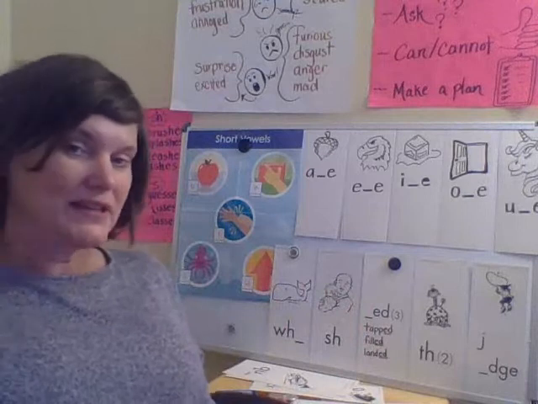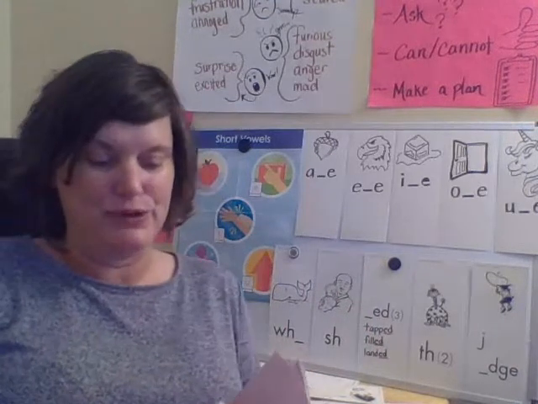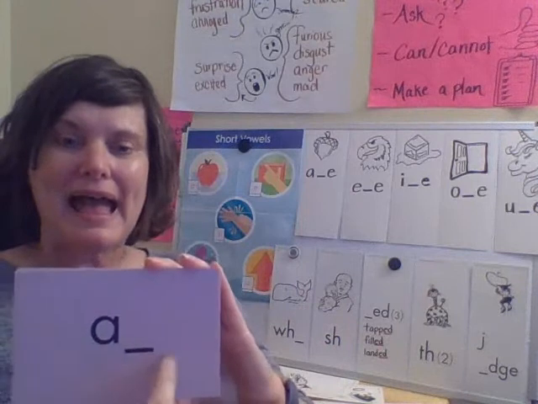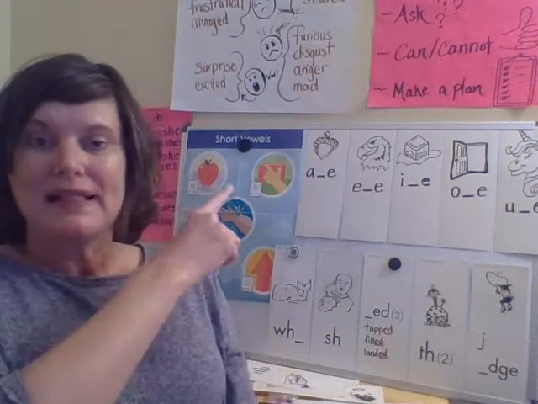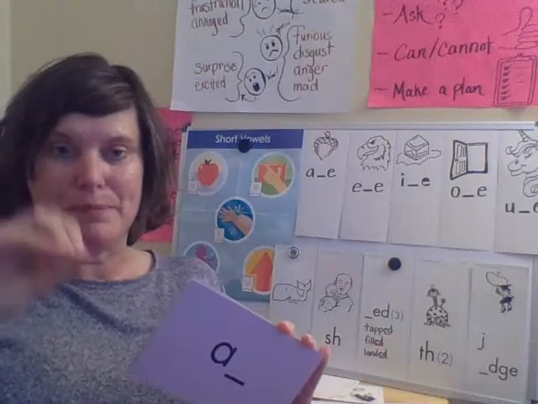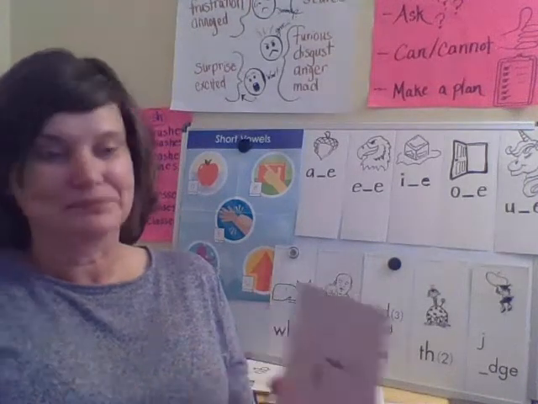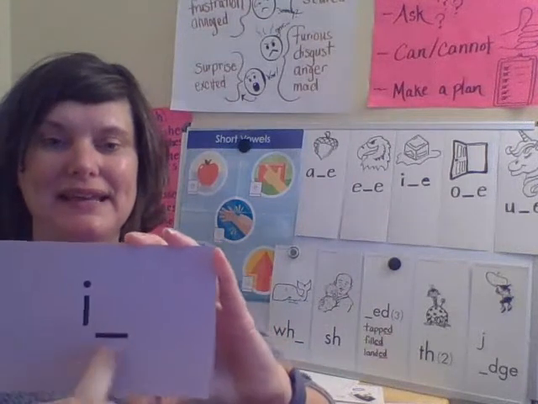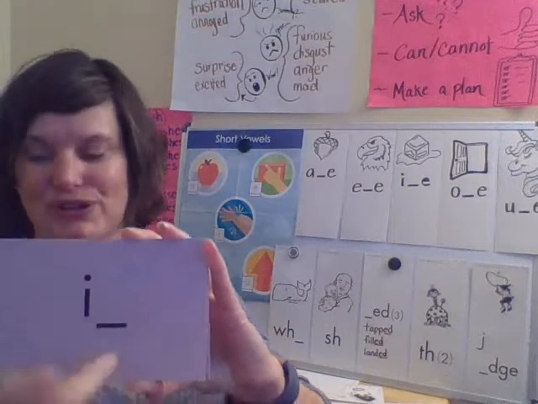You can pretend like you have the tentacles coming out. My turn, ah, together, ah, your turn, good. Like the apple, you can pretend like you're picking the apple from the tree. My turn, together, your turn, good.